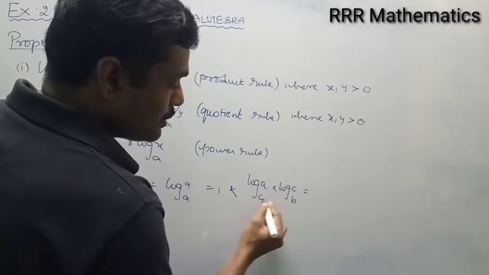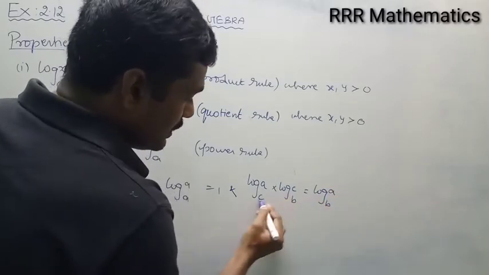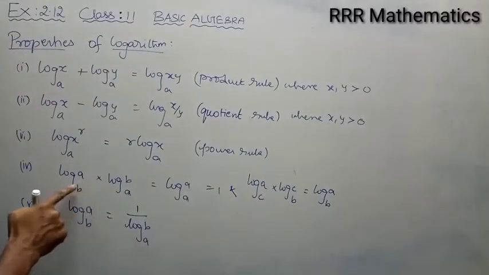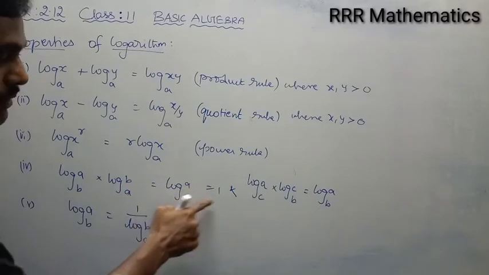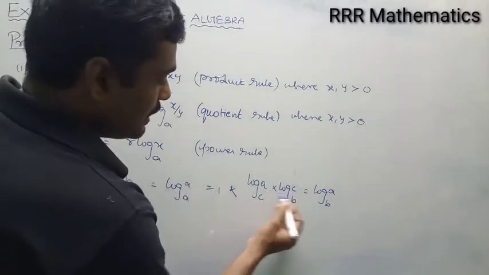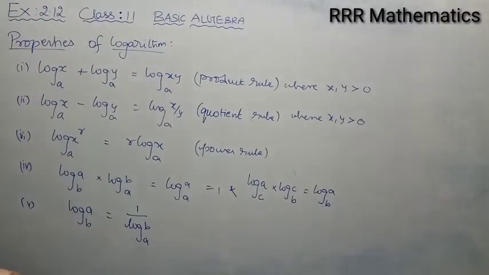If these two values are the same, then I can write log a base b. That is what I used here. When these two are the same, I can say directly the value is 1. Is it clear? With these 5 properties, we are going to solve exercise 2.12.